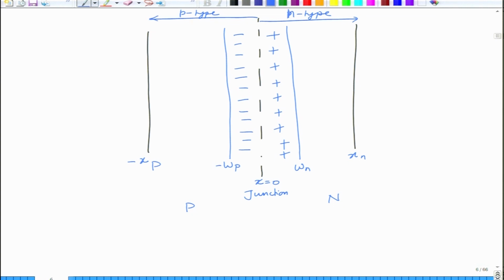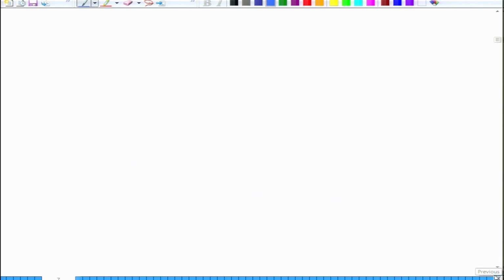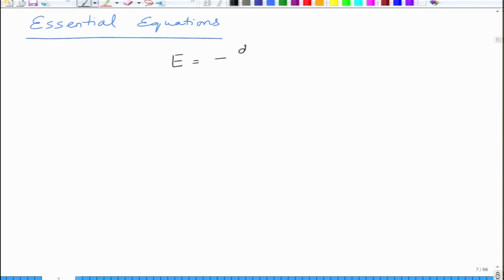So let us first look at the essential equations. We know that the electric field is equal to minus d phi by dx.